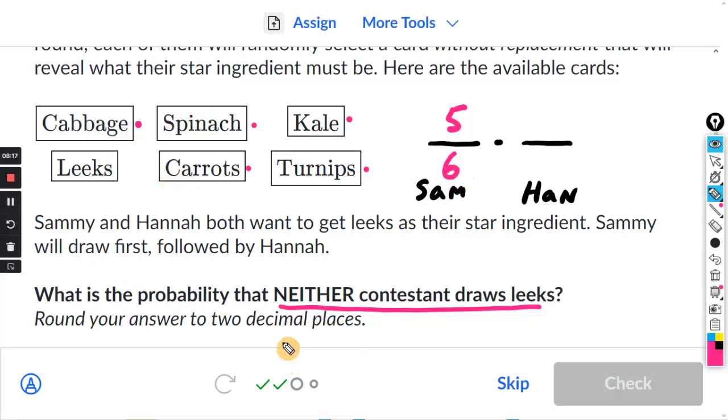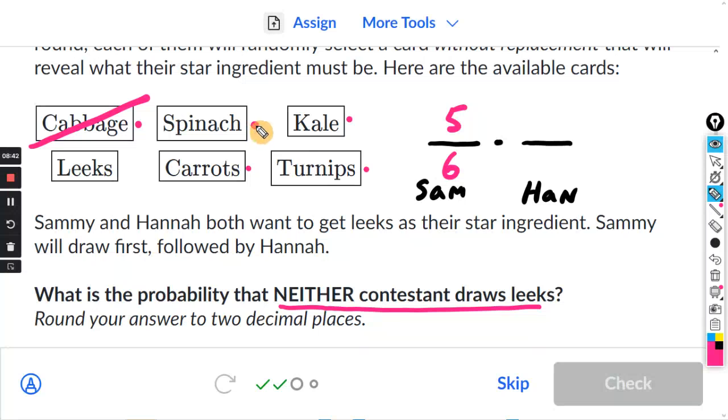All right. And now, once Sammy draws a card and does not put it back, let's say, for instance, that Sammy drew something that was not leeks, like the cabbage. So we would cross that off. And now for Hannah, how many cards are left that are not leeks?